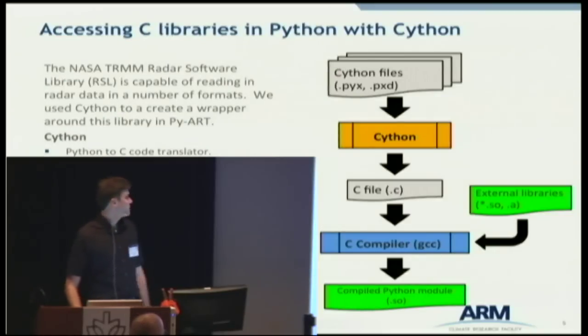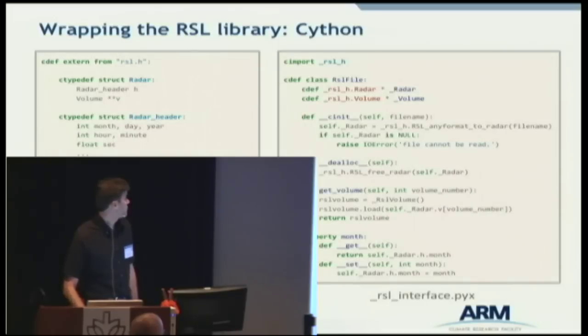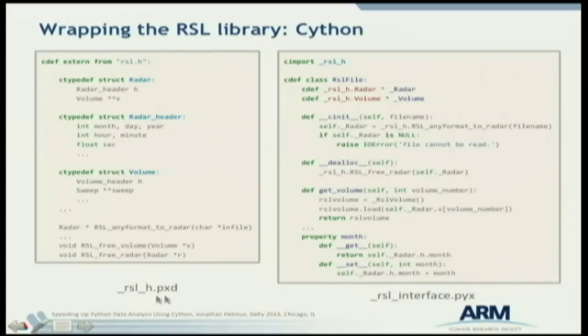So what do we do to be able to access the functionality of RSL in Python? So we have to create 2 files. The first is this PXD file, so this is a definition. For this, we just open up the RSL header file. So this tells us what functions are being used in RSL, the various structures that it uses.